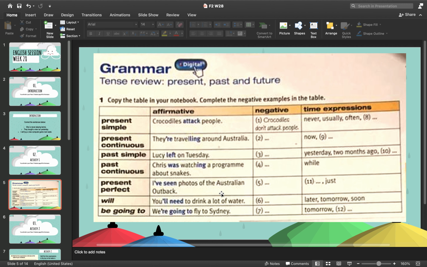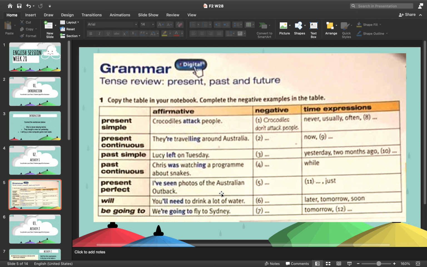Tunjuk masa antara present dengan past. Kalau before now, masa tu dia tak spesifik, itu ialah present perfect. Okay, macam contohnya lah, kita pernah buat latihan pasal ni. Kamu boleh tengok nota pasal tu.